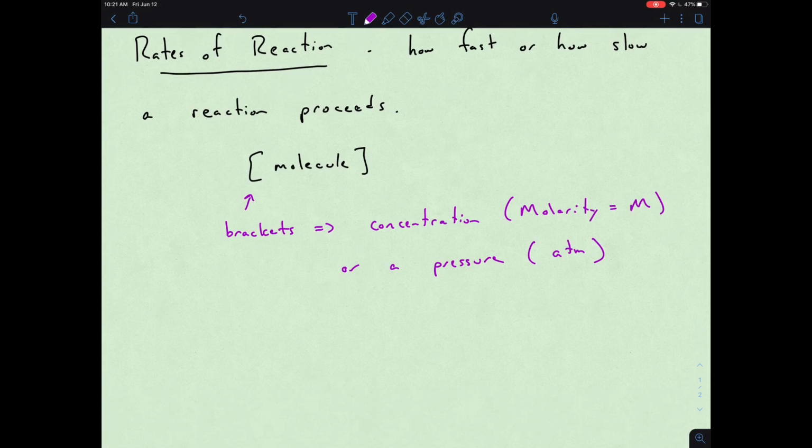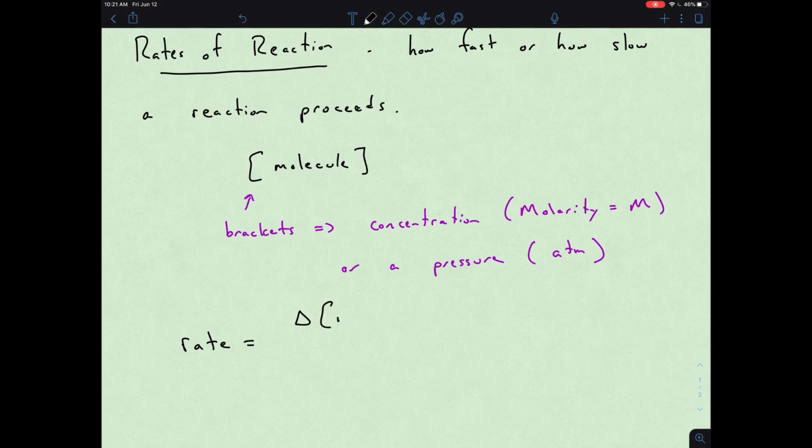So that's some shorthand. In terms of the basic idea of a rate, it's really just a change over a change, meaning, with miles per hour, the change in miles over the change in time.